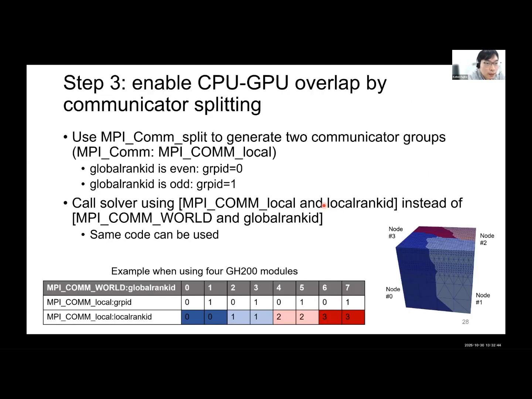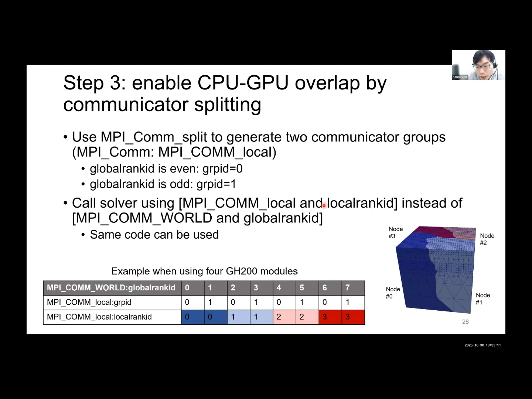And so this is the last part. We enable a CPU-GPU overlap by communicator splitting. We generate two communicator groups by MPI split. For the even global ranks, we allocate group ID 0, and for the odd global ranks, we allocate group ID 1.